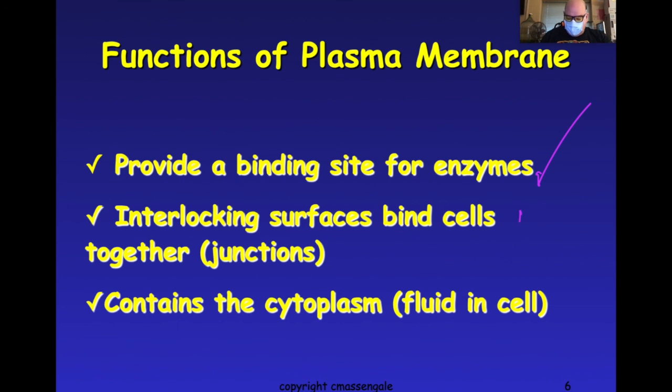Some cells will have little fibers that hold them together. So some cells, it's very important for them to maintain their shape and where they're at. And it's really, really simple. The cell membrane stops things from leaking out, okay?